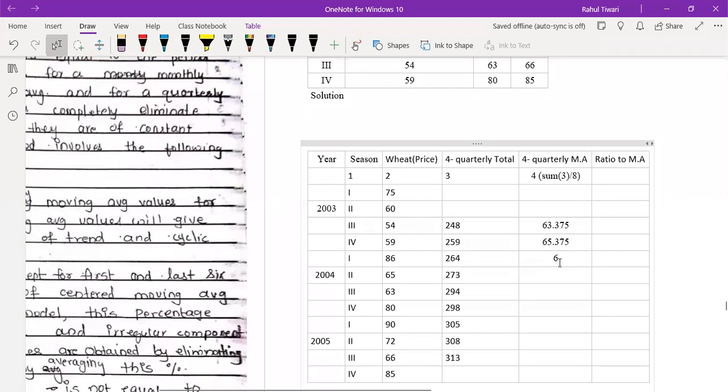Just check if this is right or wrong. 67.125, 70.875, 74, 75.375, 76.625, 77.625. Just check whether this is right or wrong.